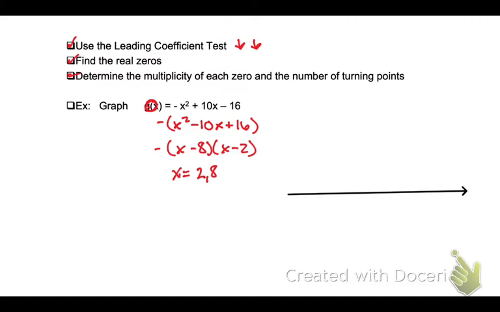And it is just a sketch. Don't be going to get graph paper. That would make your life absolutely horrible. So we're at 2 and 8.